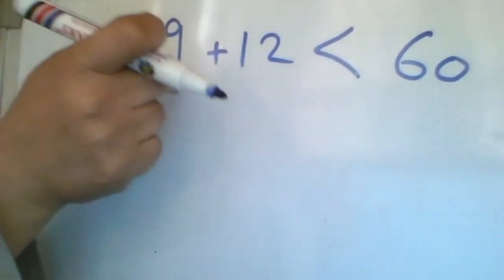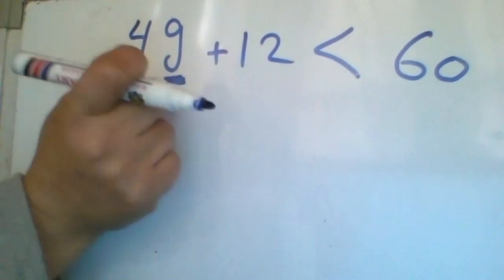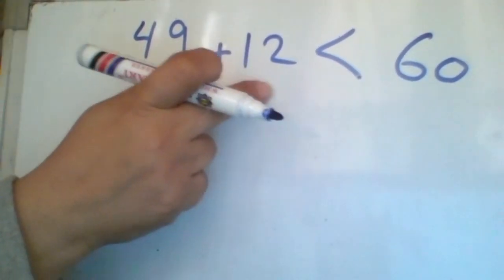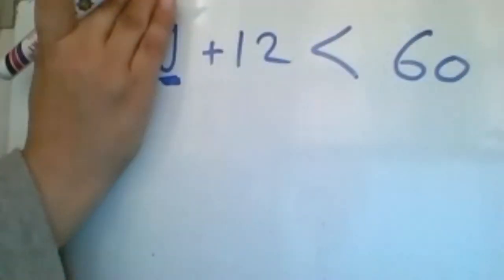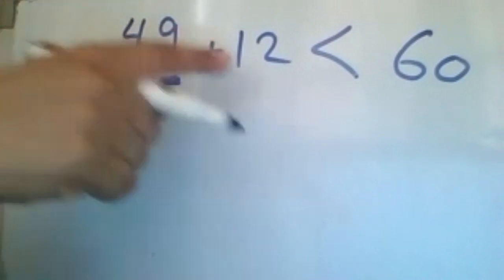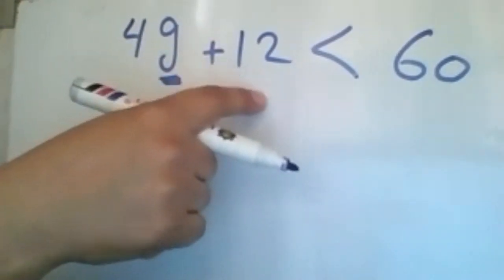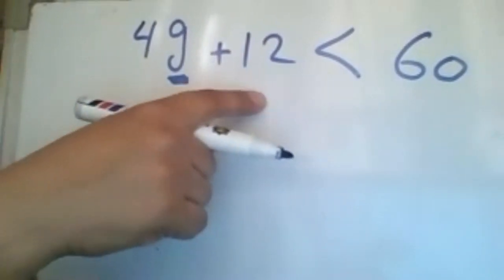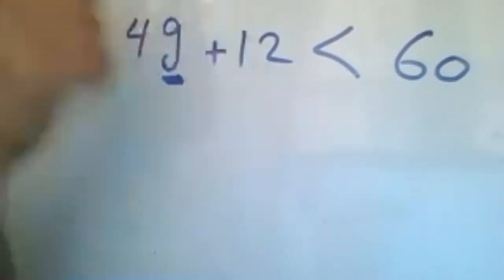Okay, so the variable is in 4g. First step, we have to remove the constant. So we can say I'm going to hide 4g and then I want to remove 12. What do we have to do to remove 12?